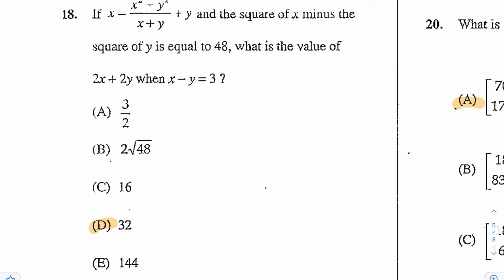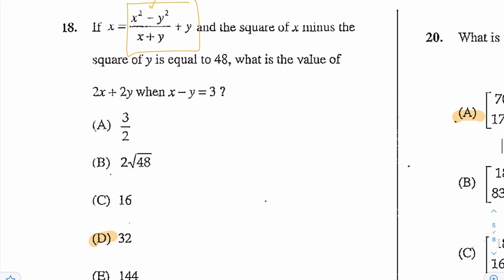Well, you can actually simplify this because the numerator is a difference of 2 squares, and that's a factoring pattern. It simplifies to (x plus y) times (x minus y). So then x turns into (x plus y)(x minus y) divided by (x plus y), and here x plus y will cancel out, and you just have x is equal to x.